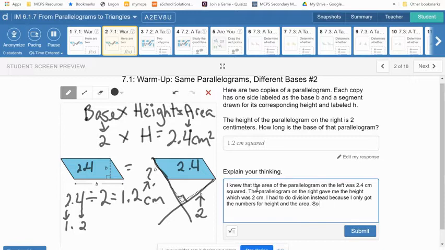So 2.4 divided by 2 equals 1.2 centimeters.